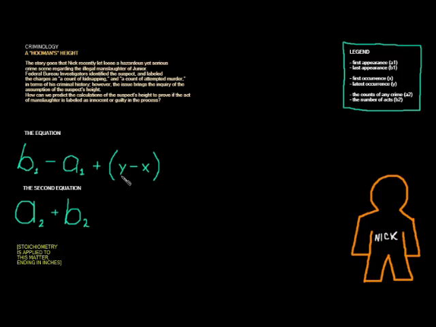If you do tend to fall into negatives, then chances are you might have failed algebra. So y minus x is what we're going to look for. As for the second equation, a2, which is the count of any crime, is added to the number of x, which is b2. All of this is just arithmetic, if you will.